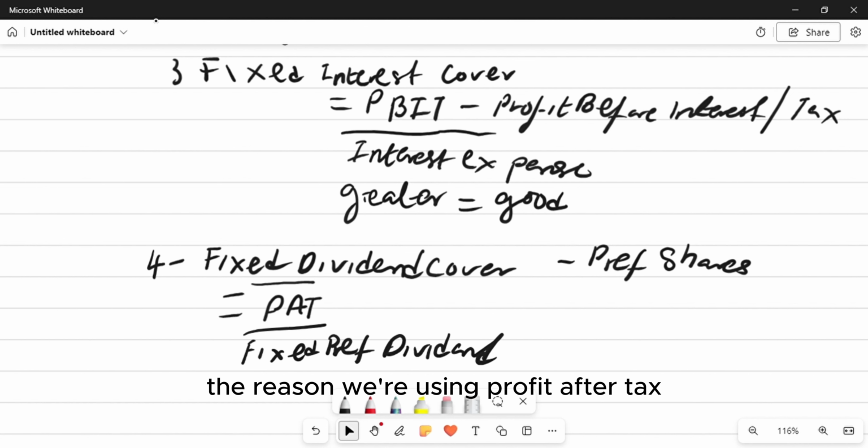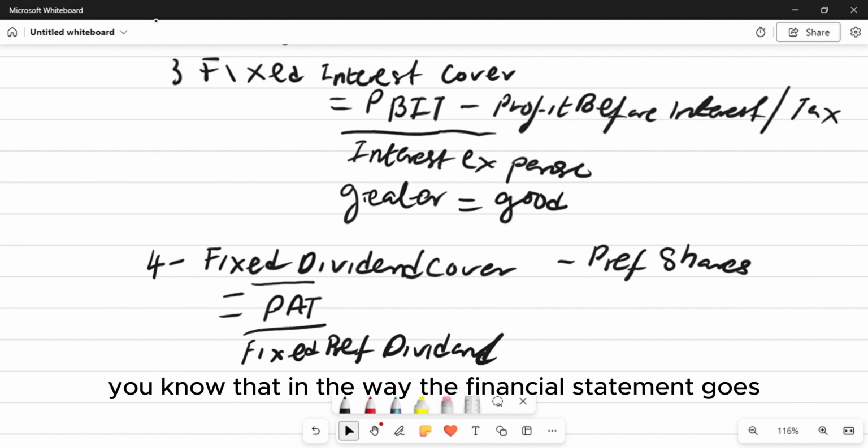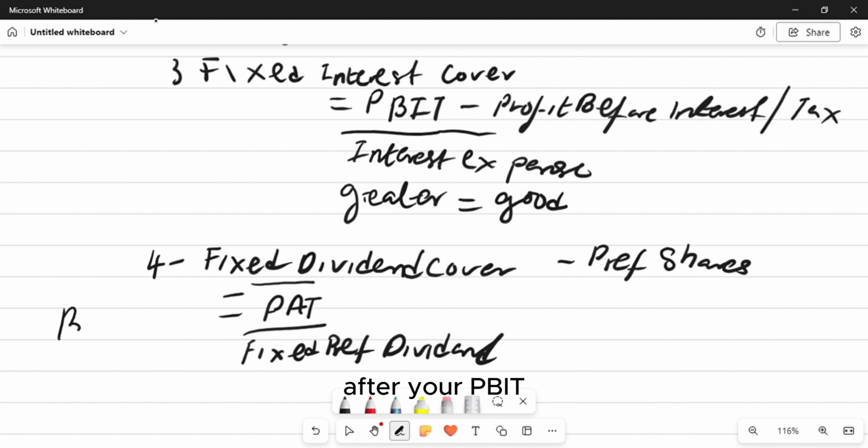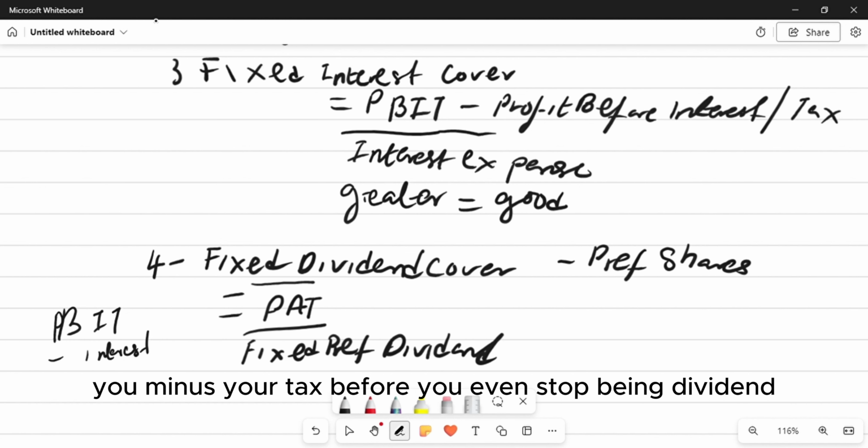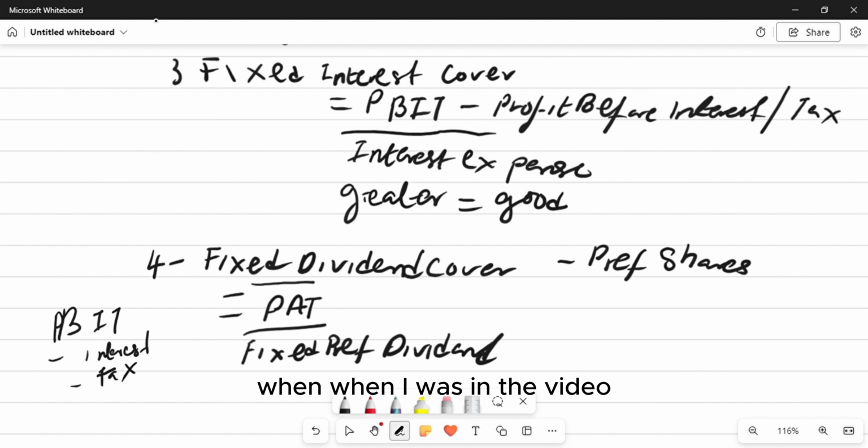Now the reason we're using profit after tax is that in the way the financial statement goes, after your PBIT you minus your interest, and then after your interest you minus your tax, before you even start paying dividend. When I'm saying dividend, in this case I'm talking about both the preference dividend and the ordinary share dividend.